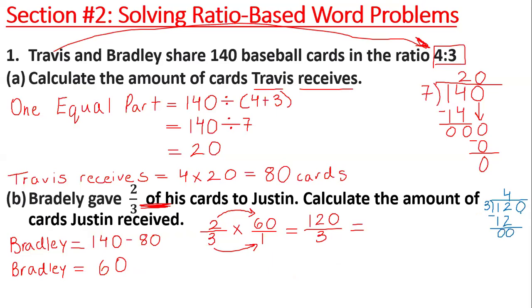Bring down the 0. How many times does 3 go into 0? 0 times. And so 120 divided by 3 is 40.